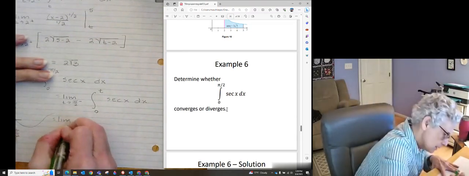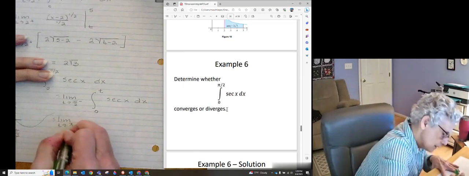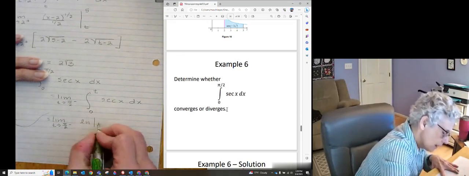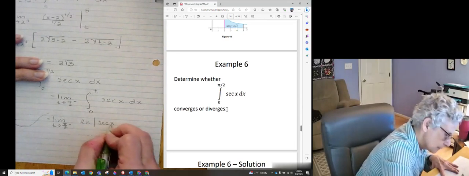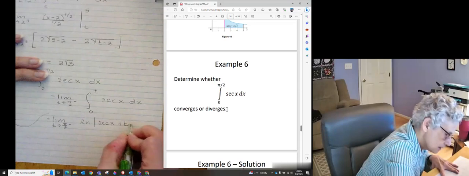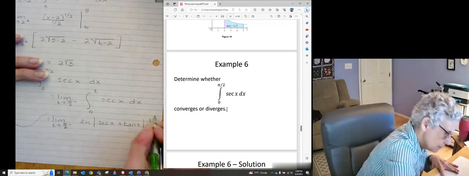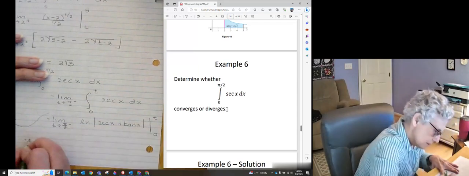So this is the limit as t approaches pi halves from the left, natural log, absolute value, secant plus tangent, evaluated from 0 to t.